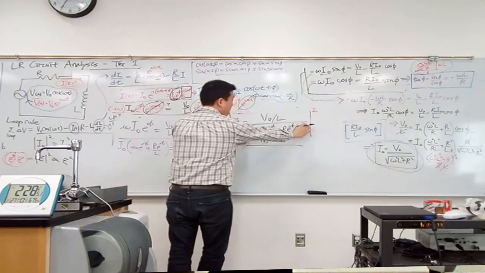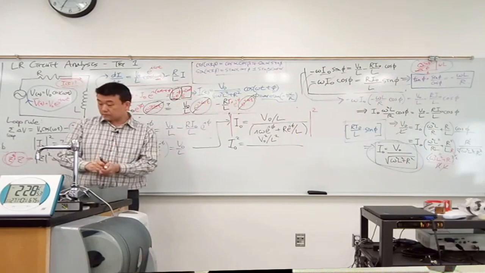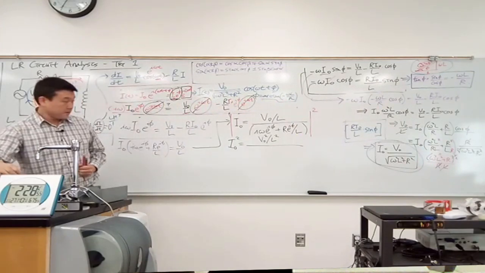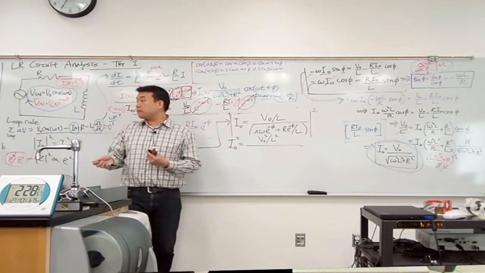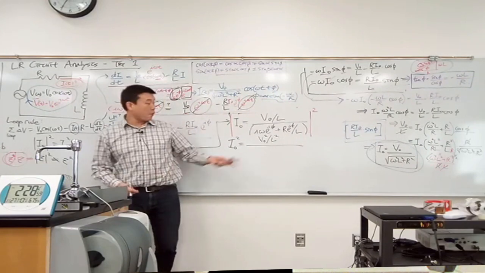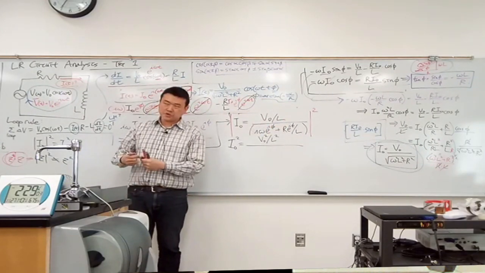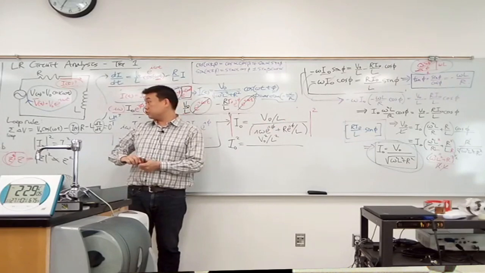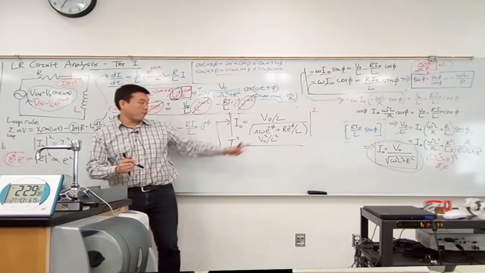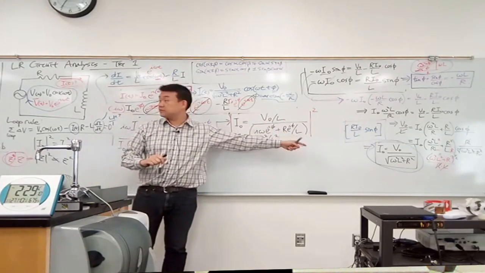So let me write down the complex conjugate first. For the complex conjugate, it's really a simple idea. Wherever you see i, turn it into minus i. And make sure that any symbols you see are real numbers. Omega is real, R is real, L is real.